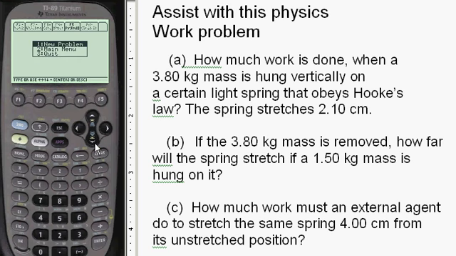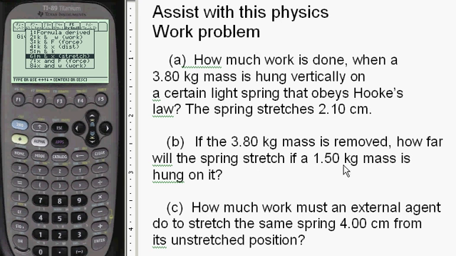Press this. We want a new problem now because we got more to answer in part B. We're still stretching the spring, except now we have a new mass involved here. And of course they don't tell you that, but notice if you took this mass and put it up here, you'd have a different spring constant with the calculations. So they're not telling you this, but they want you to use the same spring constant even though they want to put a new mass on there. So that makes a big difference in calculations.